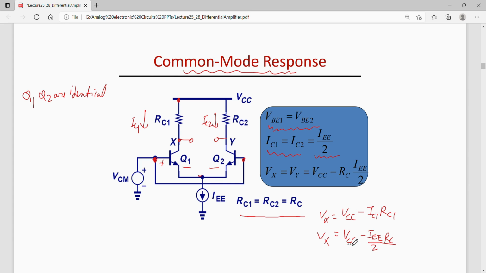Similarly, Vy is also the same. Vy and Vx are both equal because the currents through the transistors are equal and the resistances are also equal. Since it is common mode, Vx minus Vy, which is the output of this differential stage, will be equal to 0 in this case.